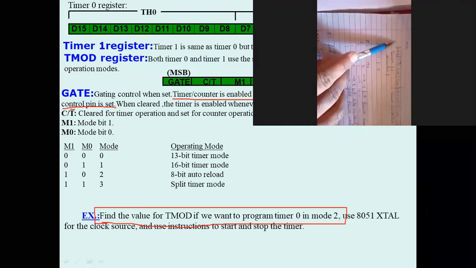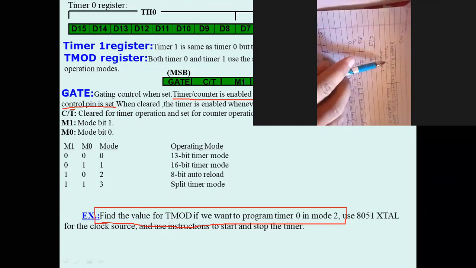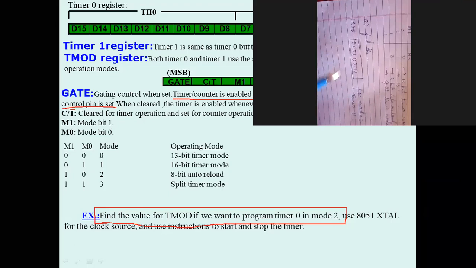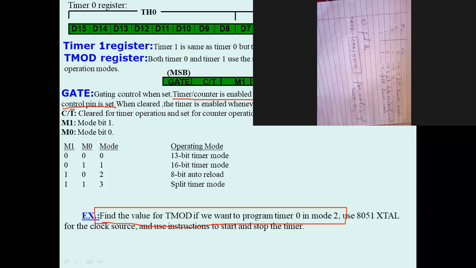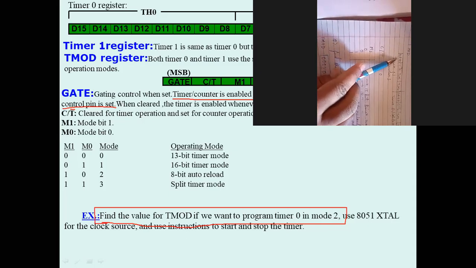Sir, in timer, perhaps the camera has been rotated, so please keep it properly. Yeah, continue. Sir, in timer 1, counter 1, GATE 1 is 0.